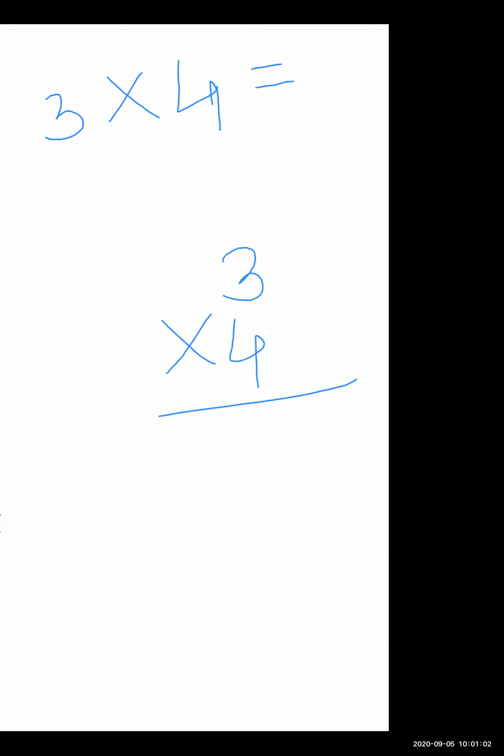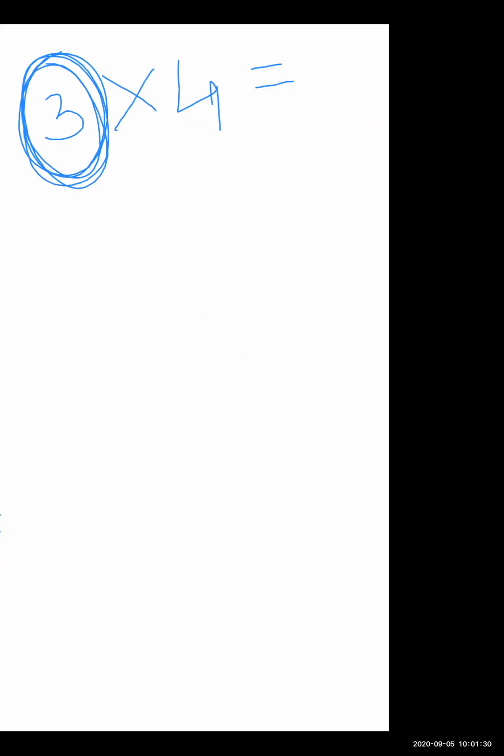So now what is the exact meaning of this? 3 multiplied by 4 means what? The meaning is simple. Add this 3. How many times will you be adding it? 4 times.